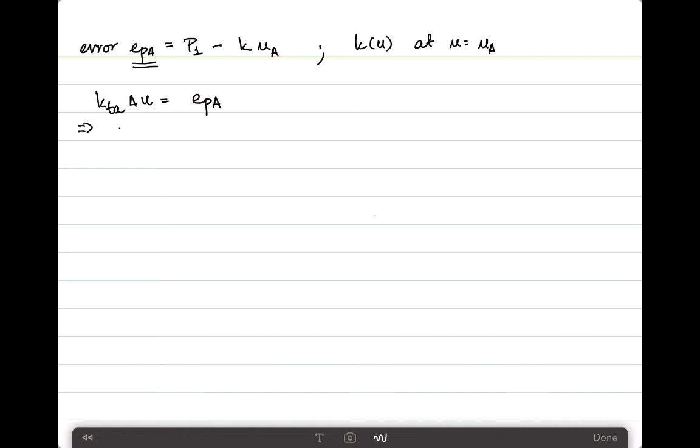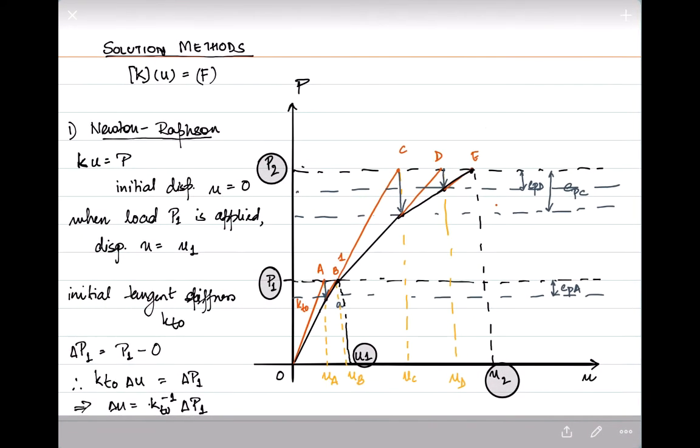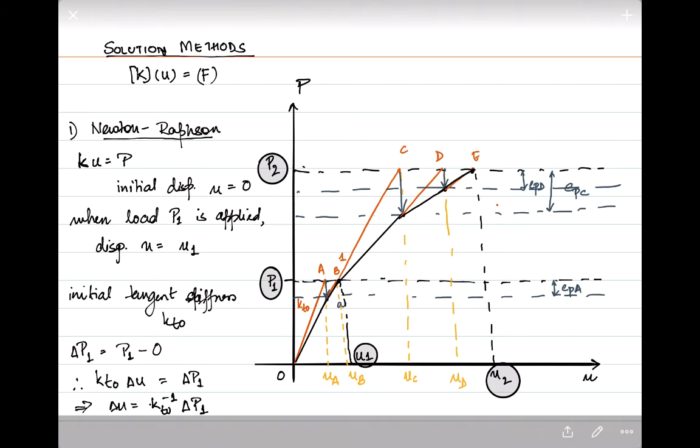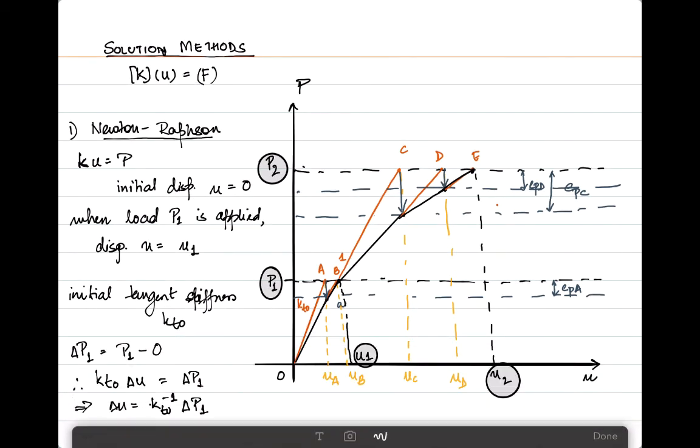We just reduced up to that point. So we could easily find out the change in displacement as the inverse of the tangent stiffness at A with the error at capital A. So we got a new displacement UB to be equal to UA plus delta U, which is quite clear here. So we had the EPA taken as the error.